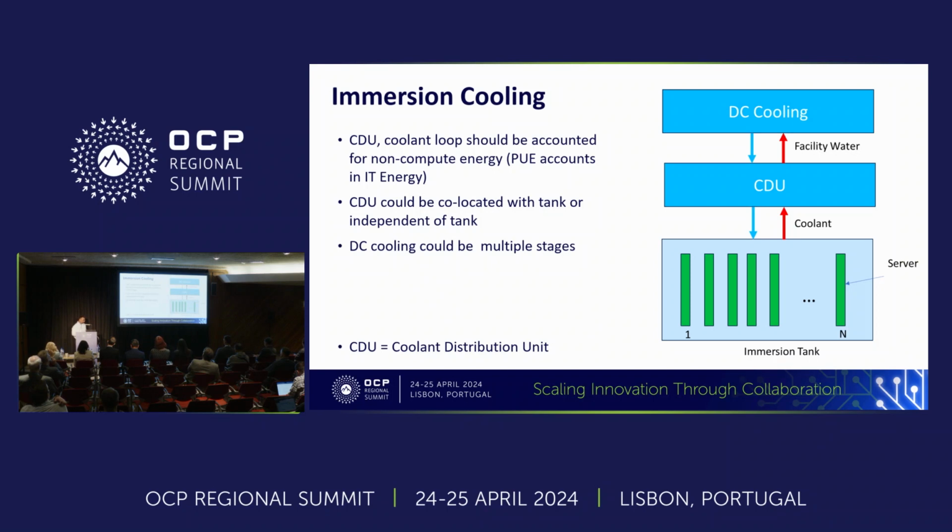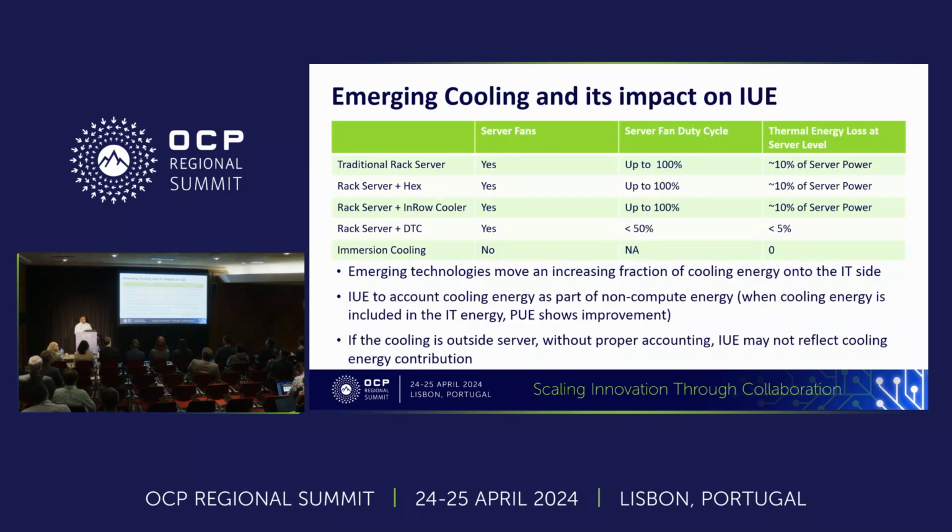And the same thing for immersion cooling. If you are doing immersion cooling, it's going to be shared across all the systems. Then you're going to have CDUs for it, and you want to make sure how much power is consumed by the cooling subsystem. You want to represent that, and take it to the rack level when you're computing it. And if you look at a summary of these different cooling types, if you have just fan-based, you may have 10%.